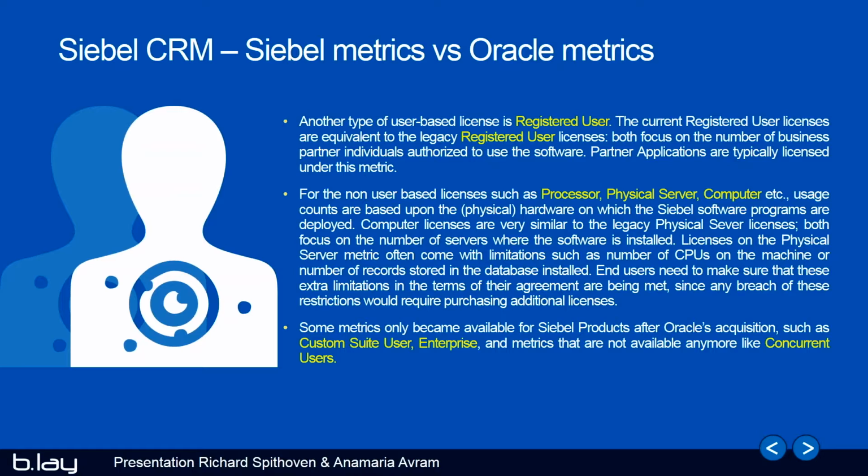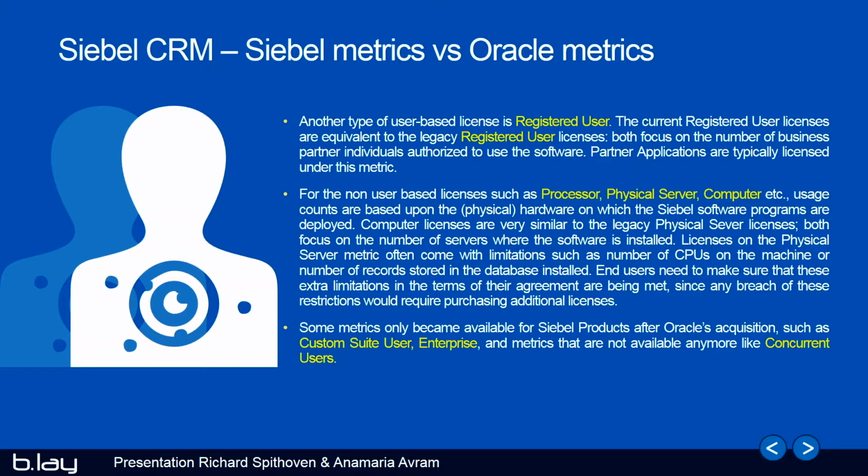We also can have non-user-based licenses, such as processor, physical server, and computer. Usage counts for this type of metric are based upon the hardware on which the Siebel software programs are deployed. Computer licenses are really similar to the legacy ones, physical server, and they both focus on the number of servers where the software is installed.